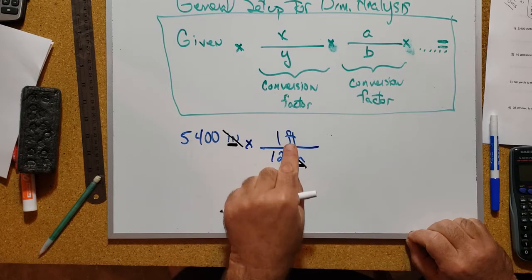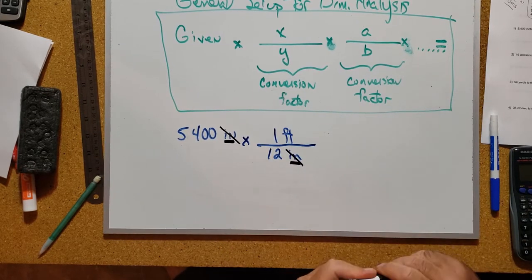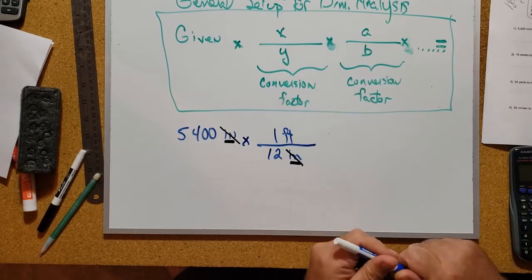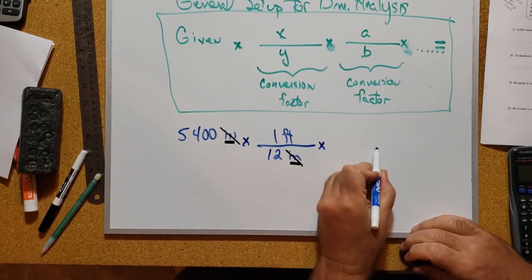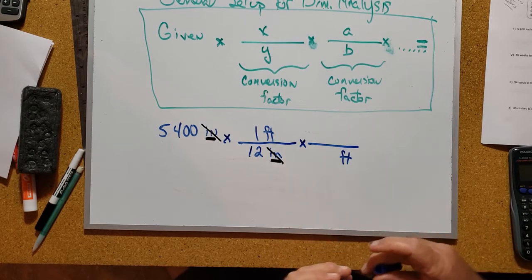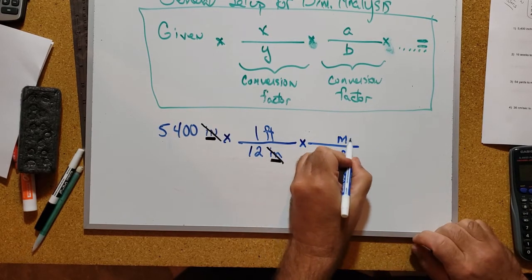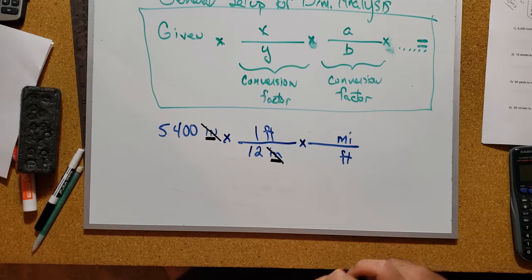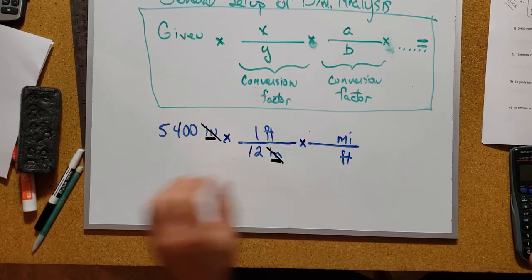All right. But I don't want feet in my answer. I want miles. So I'm going to go further down here and add another conversion factor. And this one's going to have feet on bottom and miles on top. Now, why do I set it up with feet on bottom and miles on top?